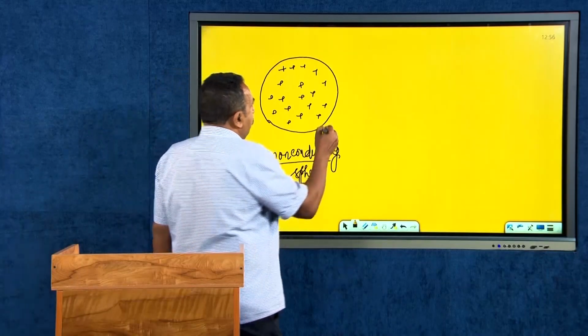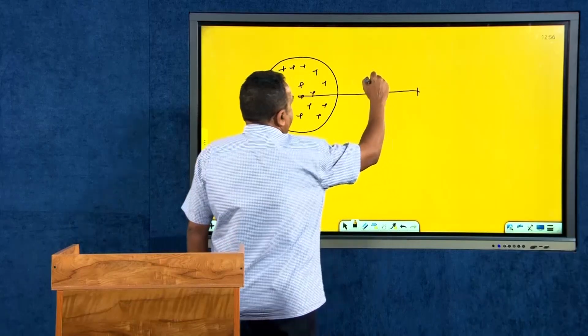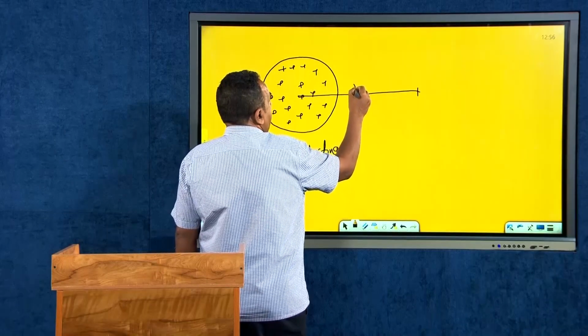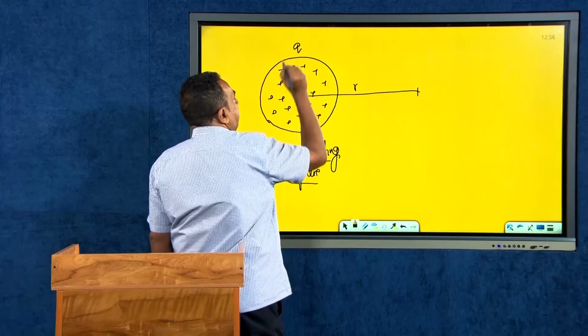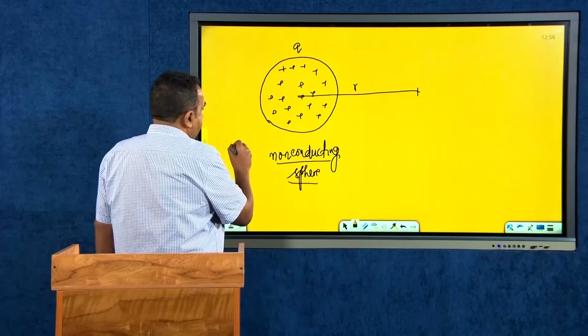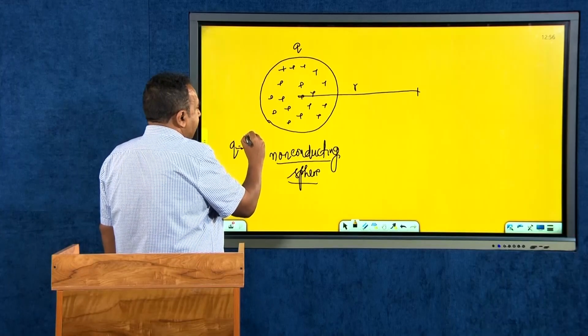First, I will find the field due to the sphere at a point outside the sphere, at a distance r. The total charge distribution, I will once again take as Q. If it is positive charges, it will be N e, where N is the number of charges.